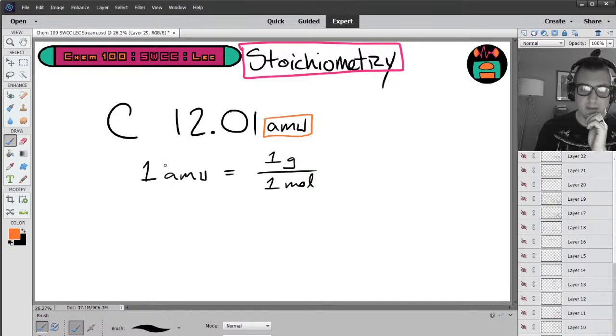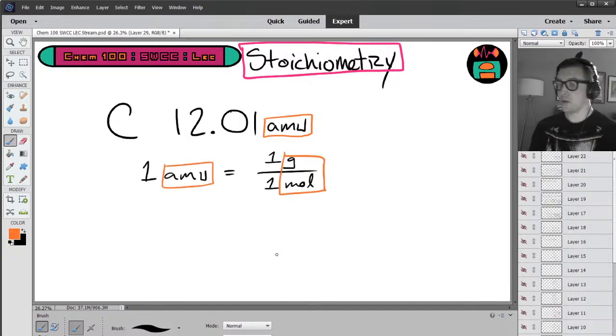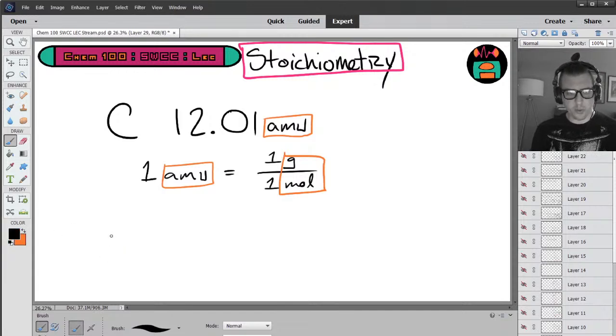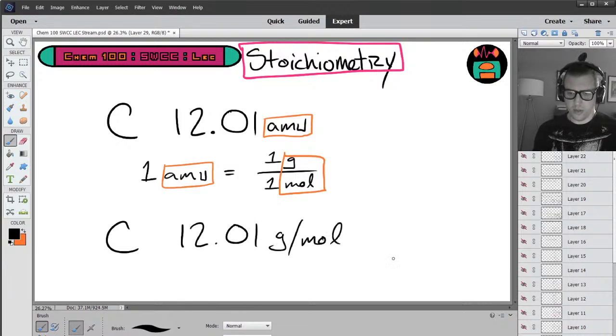The unit AMU is the same unit as grams per mole. What are we talking about? We're talking about a ratio. Instead of 12.01 AMU, you could write 12.01 grams per mole.